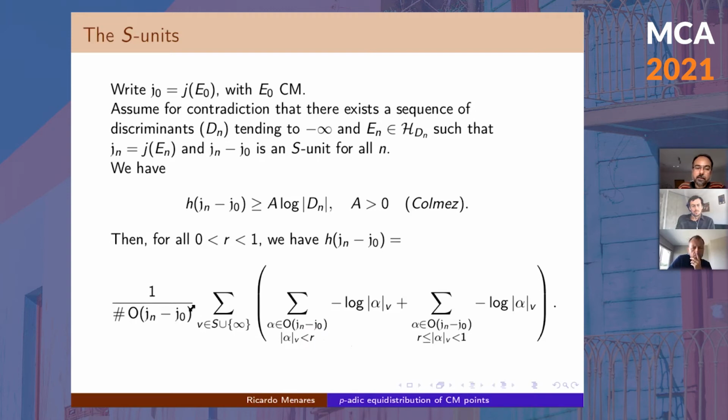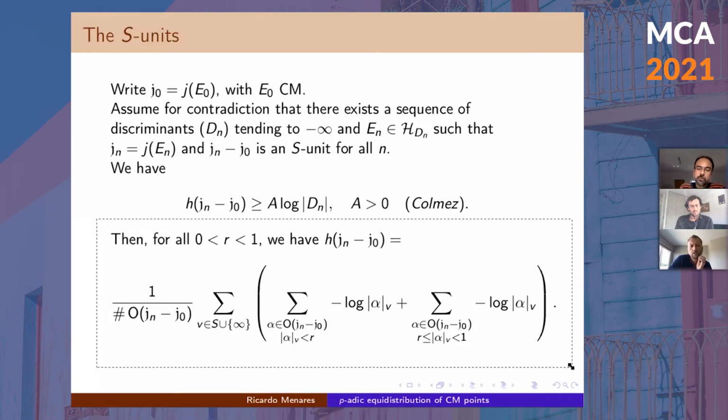And we are using here our assumption that everyone is an S-unit, because the only non-Archimedean places that will play a role are those related to the primes in S. For the other ones, the difference will always have absolute value equal to 1, so they will not appear here because you take a logarithm. So you get this formula by standard manipulations and introducing some cutoff parameter R.